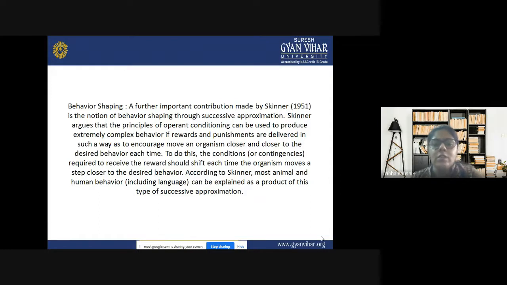To do this, the conditions or contingencies required to receive the reward should shift each time the organism moves a step closer to the desired behavior. According to Skinner, most animal and human behavior, including language, can be explained as a product of this type of successive approximation.